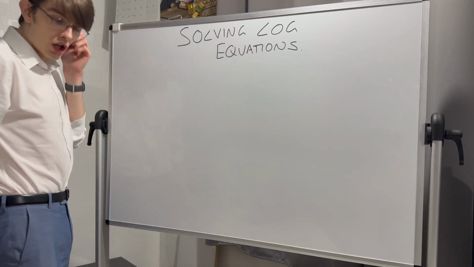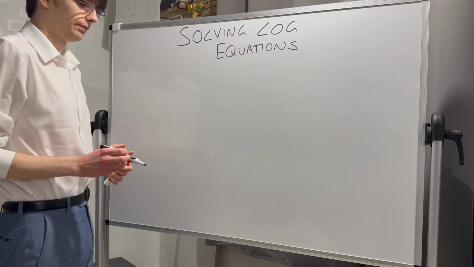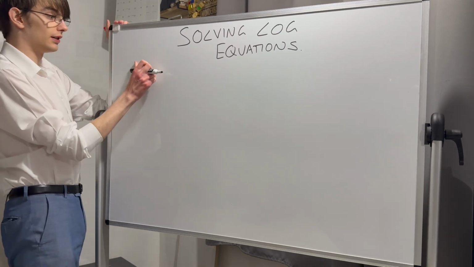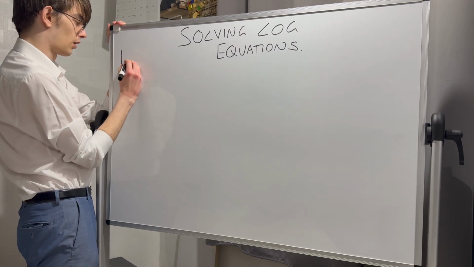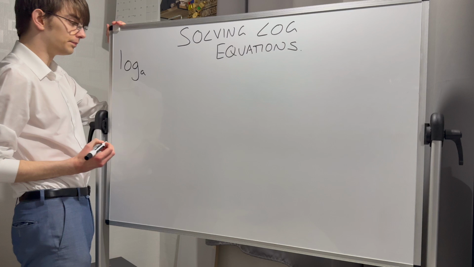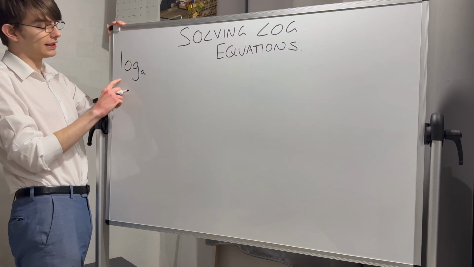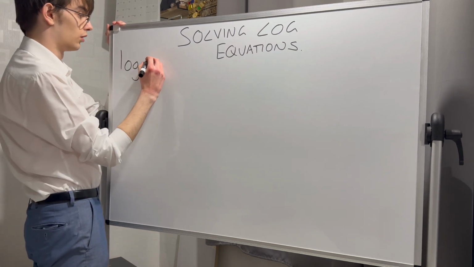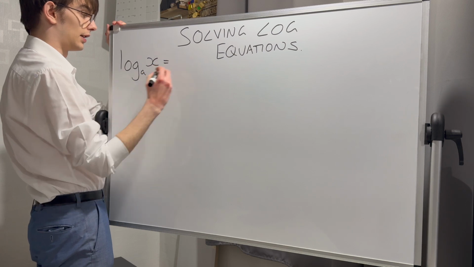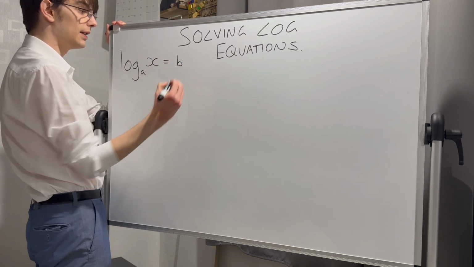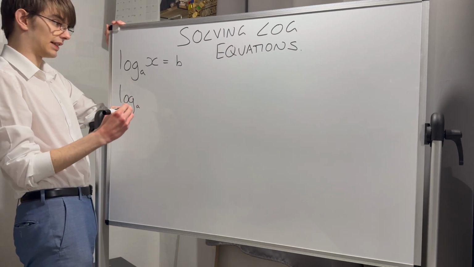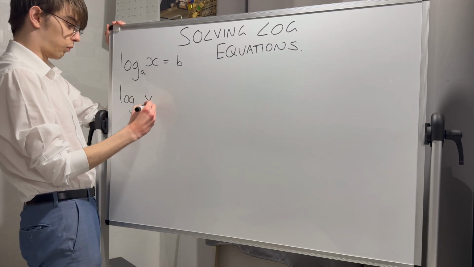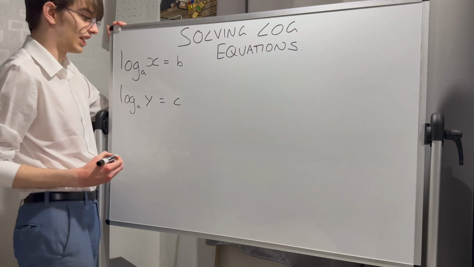So, I'm going to start off with the multiplication rule. And what I'm going to start off by doing is defining two logarithms, both of base a. So I'm going to say log of base a of x equals, let's do b, and log of base a of y equals c.